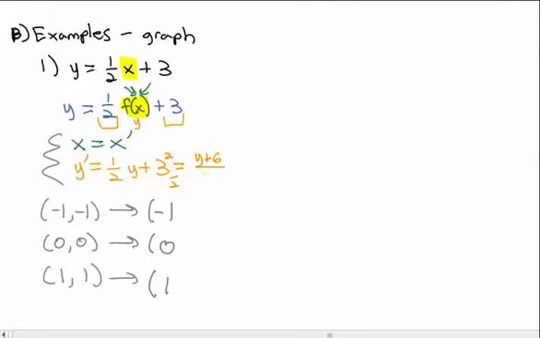Y plus 6 divided by 2. So -1 plus 6 is 5 over 2. 0 plus 6 is 6 over 2, which reduces to 3. And 1 plus 6 is 7 over 2.